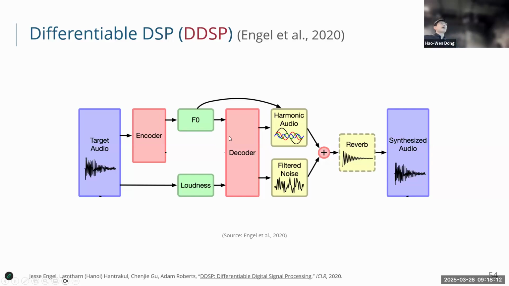As you realize, from F0 and loudness, there's no way the model can faithfully recover the whole signal. If you want to see what this timbre is like, if you only get F0 and loudness, there's no way you can tell whether it's a guitar or a flute.